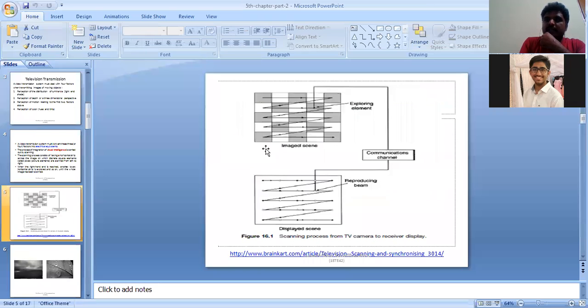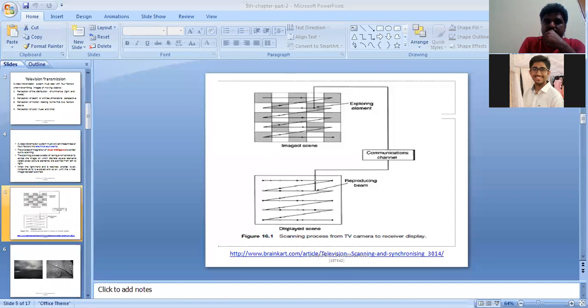It's something like a dance performance: the person has to start only when the audio also starts, so the audio and the dance both have to be synchronized. Similarly here, whatever is transmitted should be displayed in the corresponding place, not somewhere else. There has to be a synchronization.